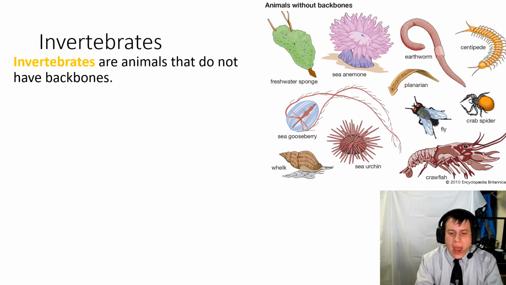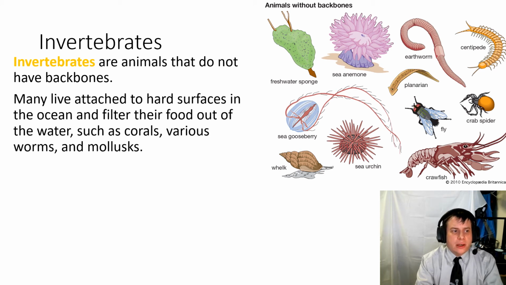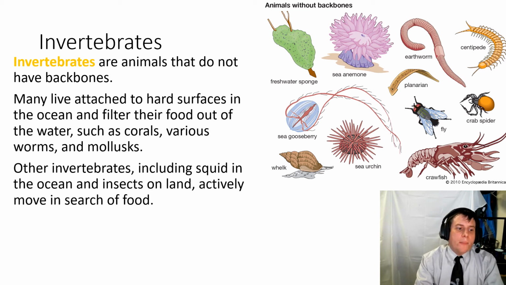They have no backbone, so they usually have an exoskeleton or a soft body. Many of them live attached to hard surfaces in the ocean. They filter their food out of water, and that includes corals, mollusks, worms, all sorts of stuff like that. But other invertebrates, including squid in the ocean and insects on land, actively move around and search for food.